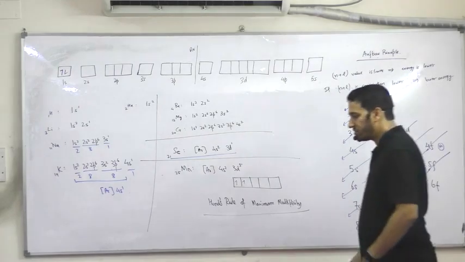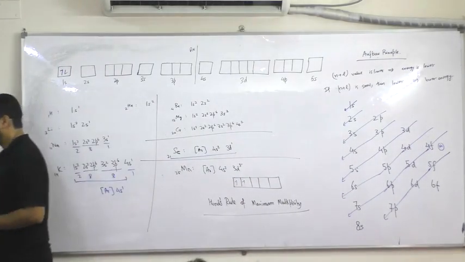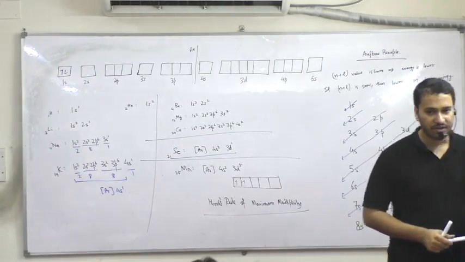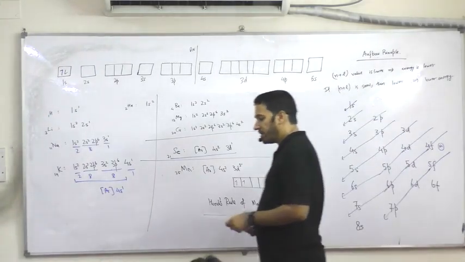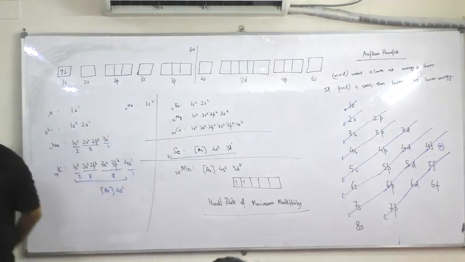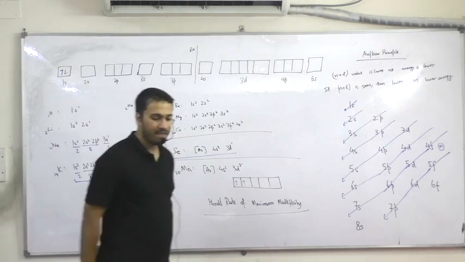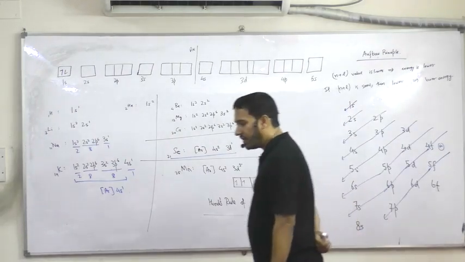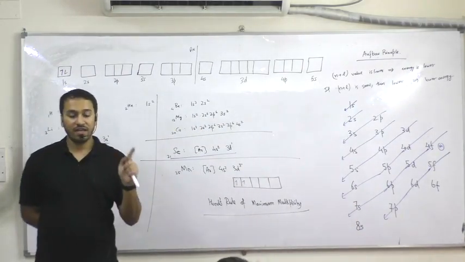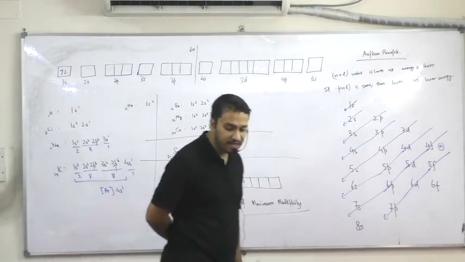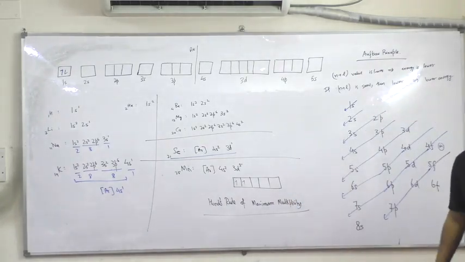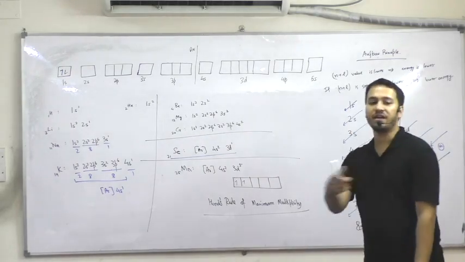Electrons occupying a subshell will first singly fill each orbital with parallel spin and only then start pairing up.